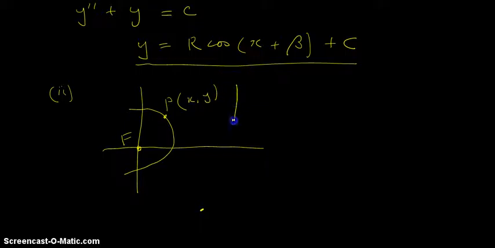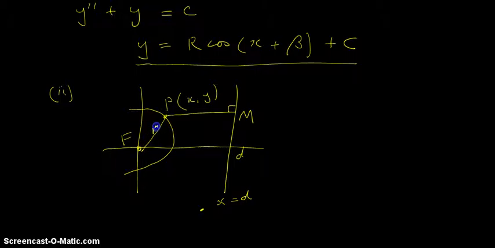We'll draw in a directrix at x equals d, and a line from F to P, and another one from P to meet the directrix at a right angle at M.